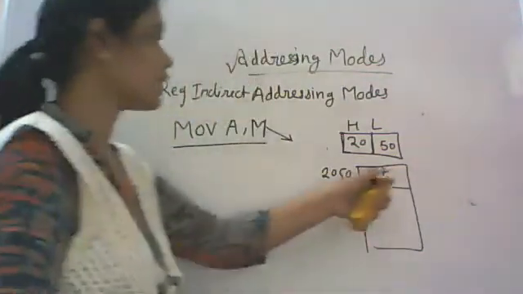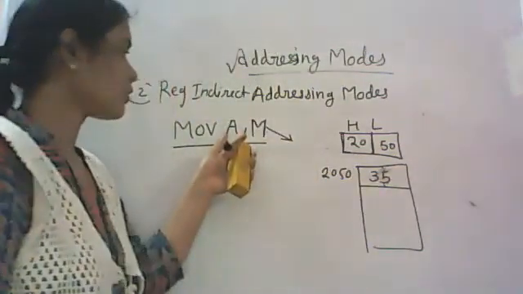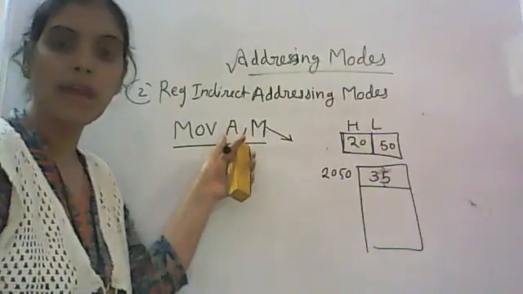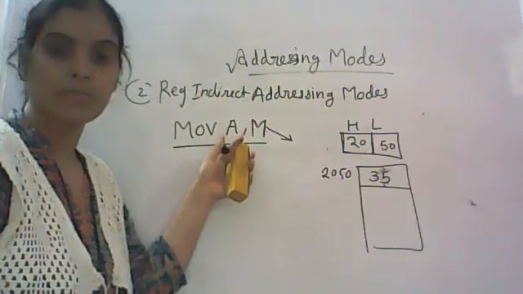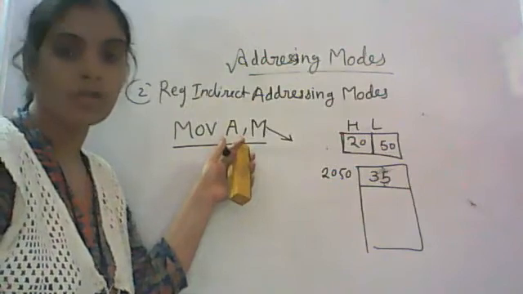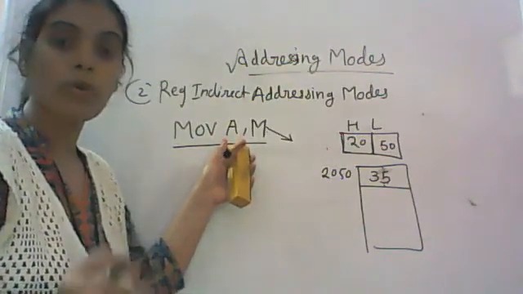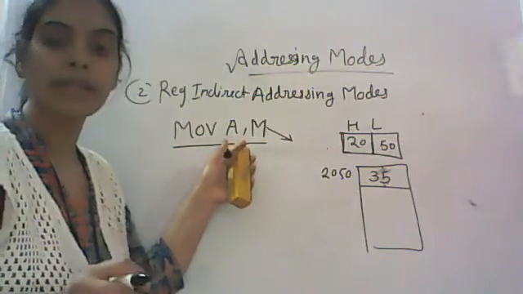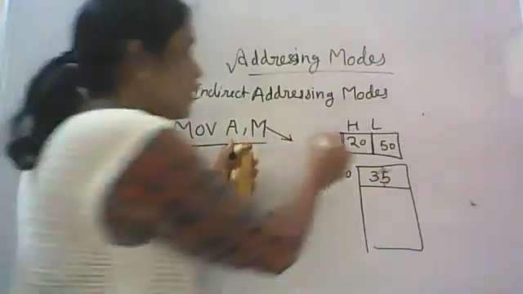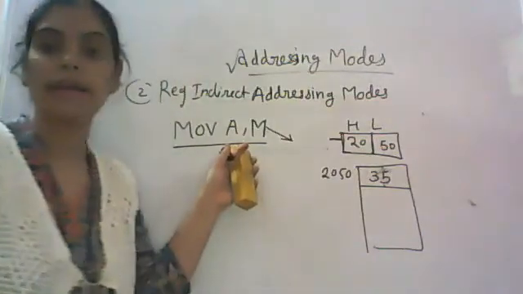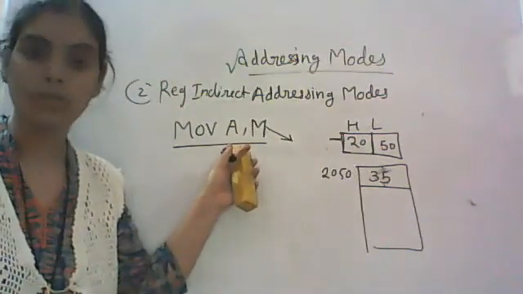So this data is stored in the accumulator. Move the content of memory location pointed to by the HL pair to the accumulator.